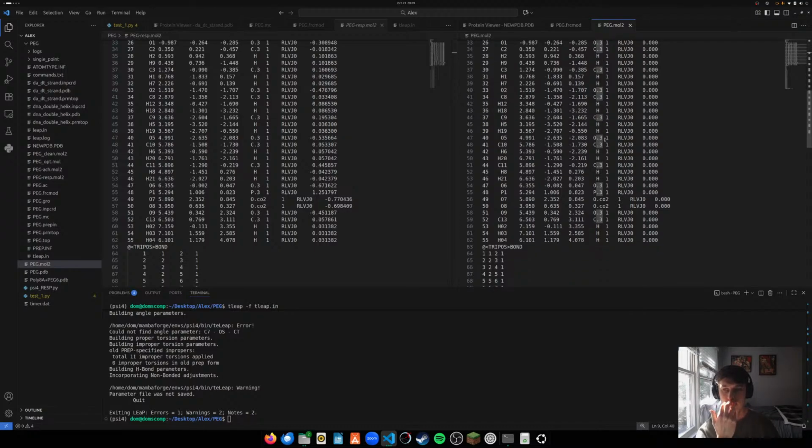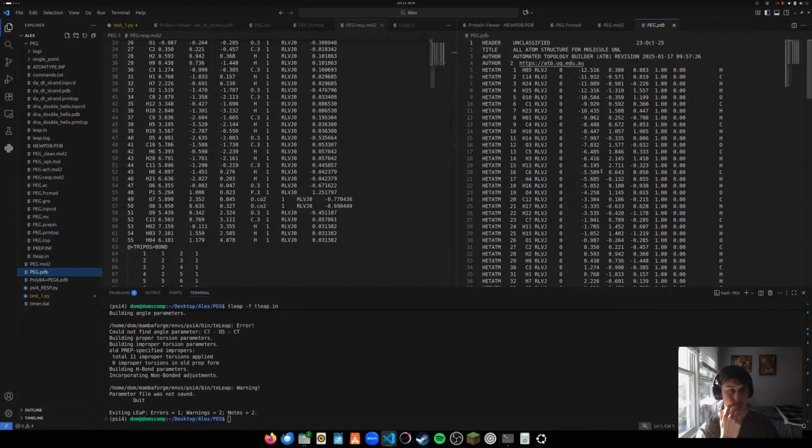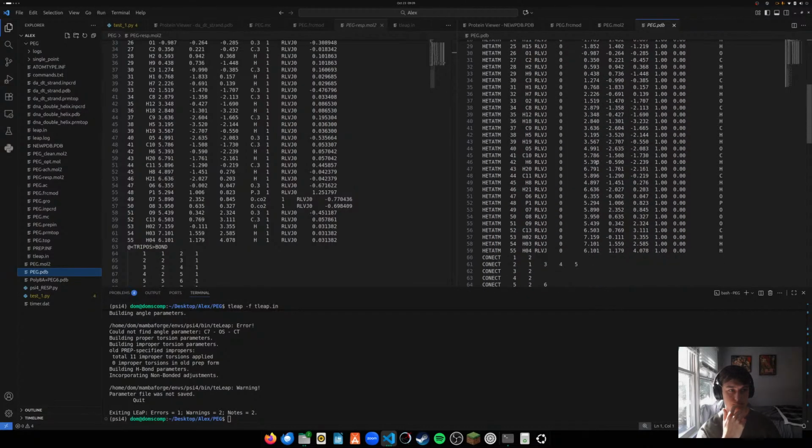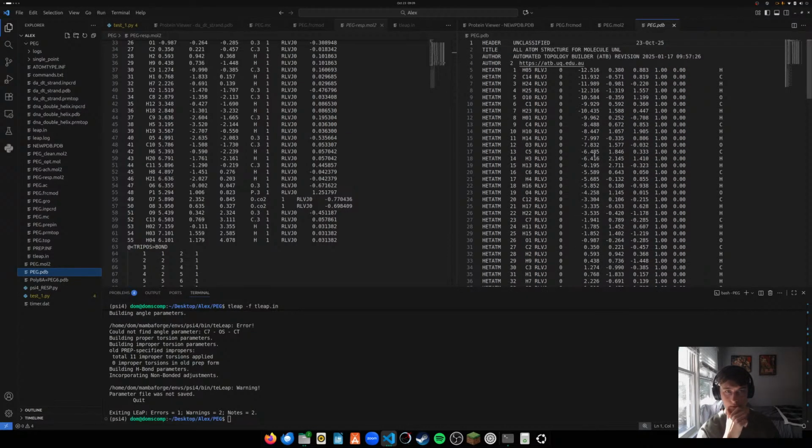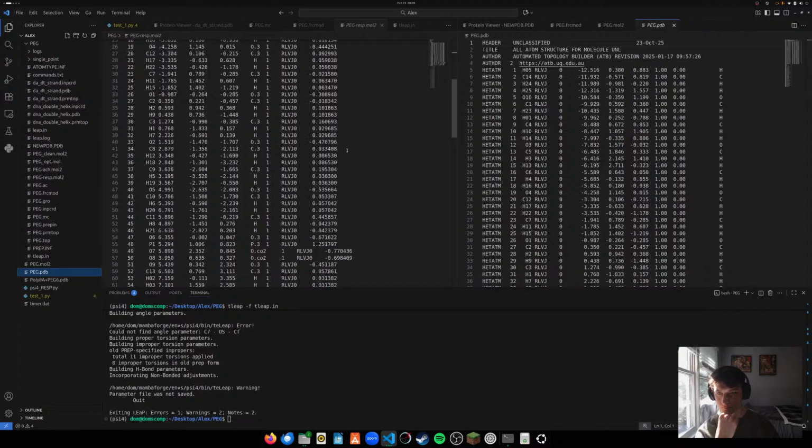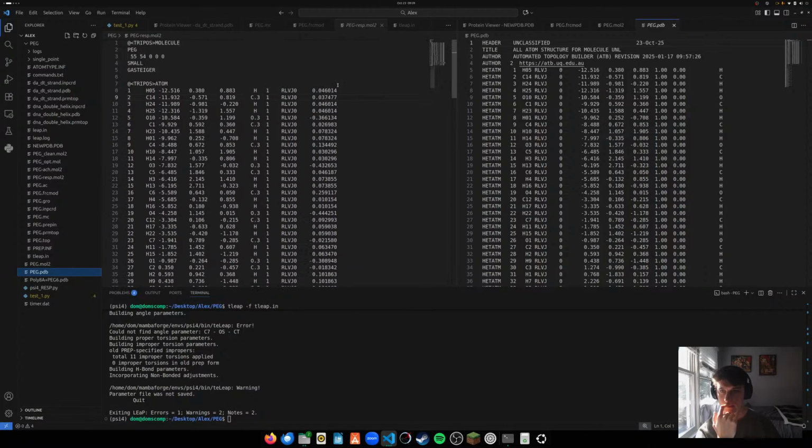I could have named the atoms wrong. Doesn't make sense though.